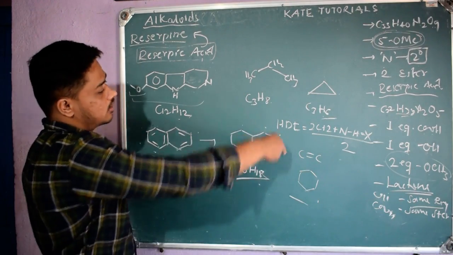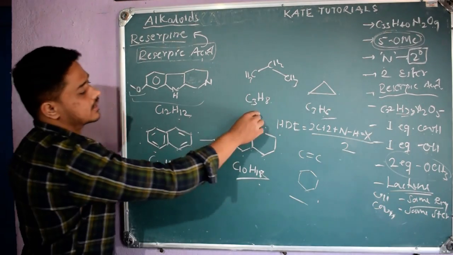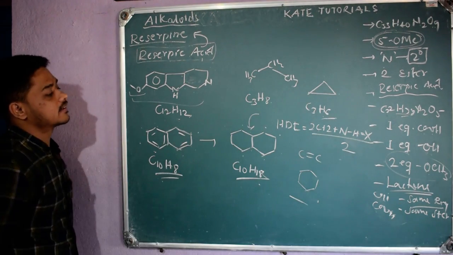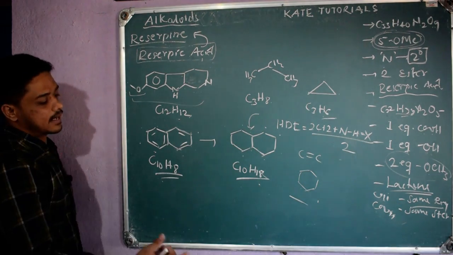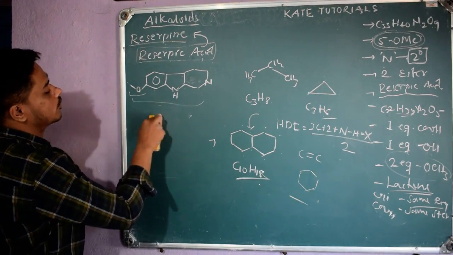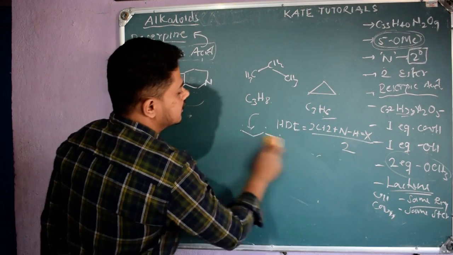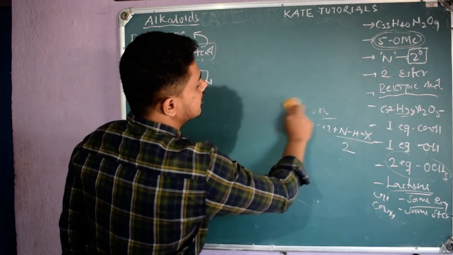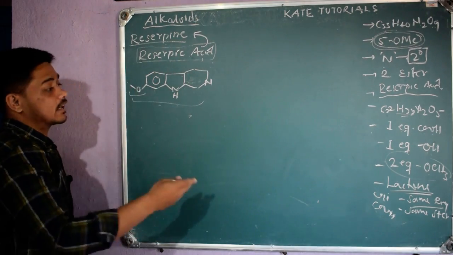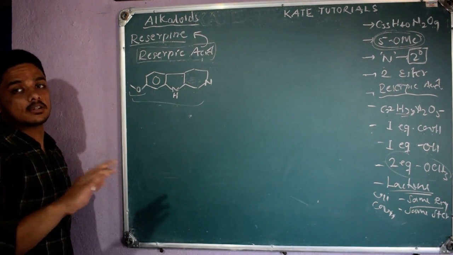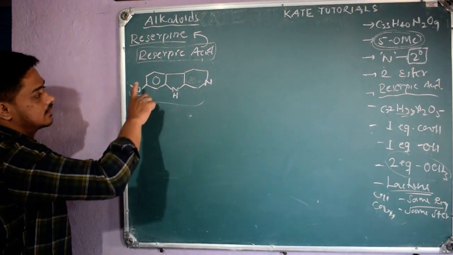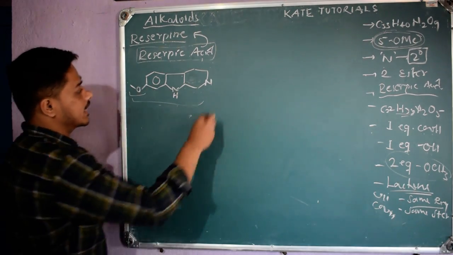From all those things they concluded that it is a fused ring. These conclusions they came up with because of this formula. The formula had fewer carbons and fewer hydrogens, so they added hydrogens in the ring, non-aromatic, because of which they concluded that the structure might be like this.